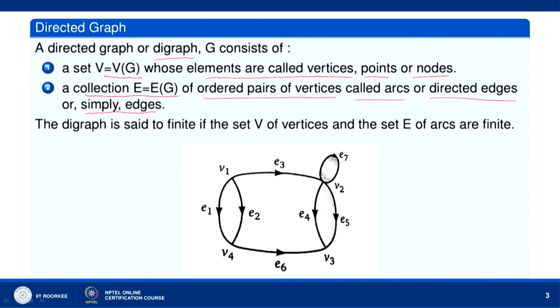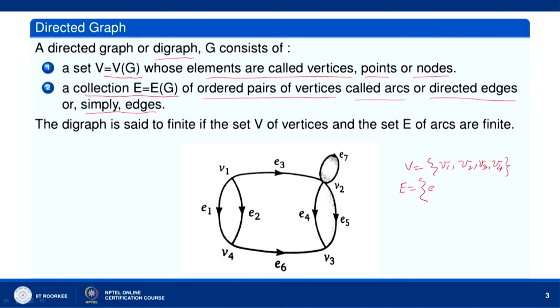Say for example, in this figure you can see there are 4 vertices, V1, V2, V3, V4. So, V is equal to {V1, V2, V3, V4}. Now you can see there is a direction associated with each edge. V1, V2 is joined by the edge E3, and E3 is in the direction from V1 to V2.